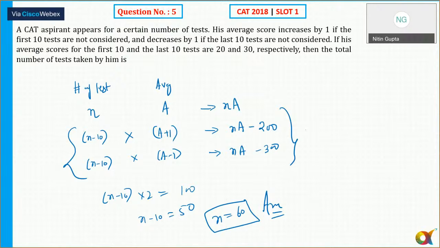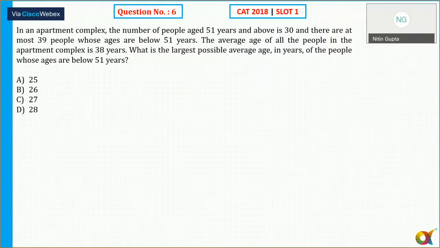All right, guys. So let's move to the next slide. That is question number 6. A very interesting question. It says, in an apartment complex, the number of people aged 51 years and above is 30.